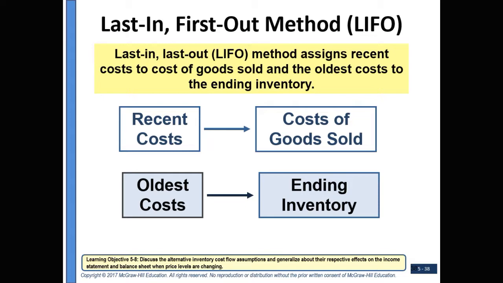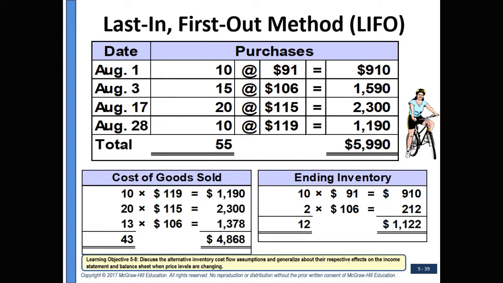Still using the bike company or TBC to represent this, and their August sales, we would have a result of the last purchase costs assigned to the cost of goods sold, and then the beginning inventory and the first purchase costs would be ending inventory. We're assuming the last in is the first out.